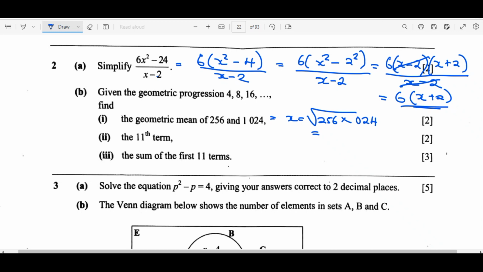So we're going to have something which is 256,000, and then you square this. What are we going to have? So 256, and then we have 000.